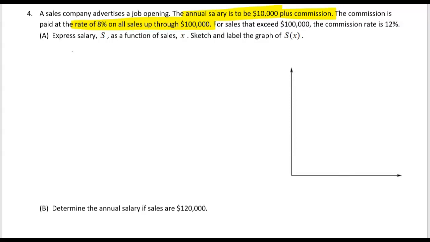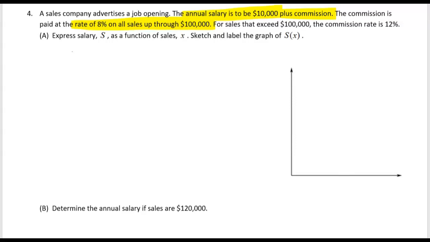So basically what this means is this particular person who works at this job is going to make $10,000 no matter what. All right, and how they're going to increase their salary is they're going to sell these items, whatever the items may be, and whatever the value of those sales are, they receive 8% of that.